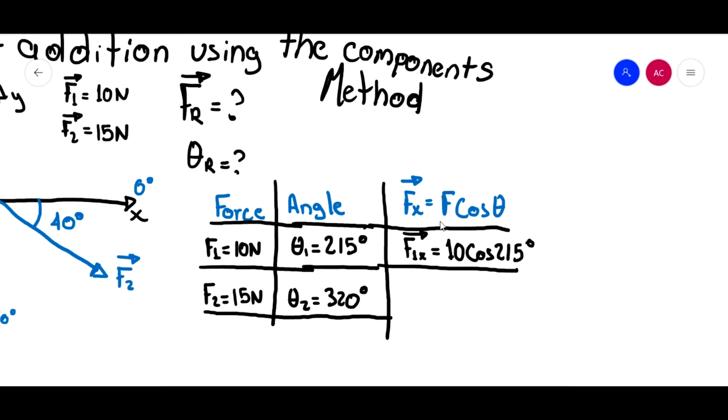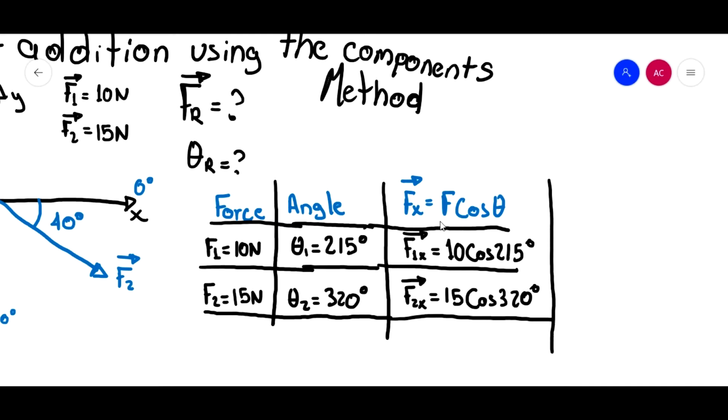And right here will be the x component of force 2. It will be the magnitude, that is 15, times the cosine of 320 degrees. Okay, and this is the column.